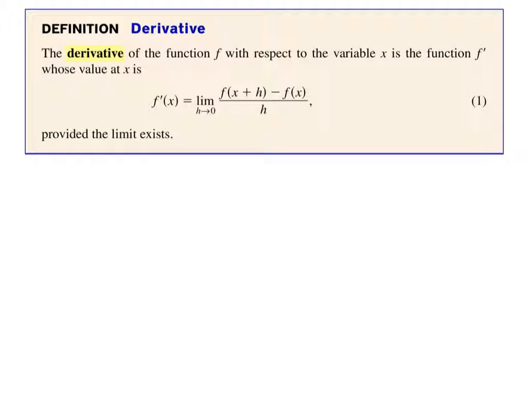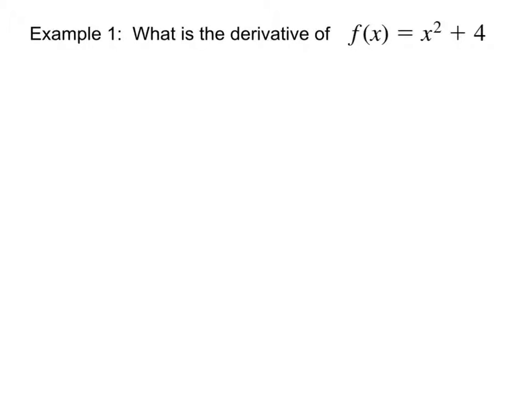So same definition, so it's stuff we've been using. So I'll do an example really. What is the derivative of f, where f of x equals x squared plus 4? So same thing we've done from unit 2.